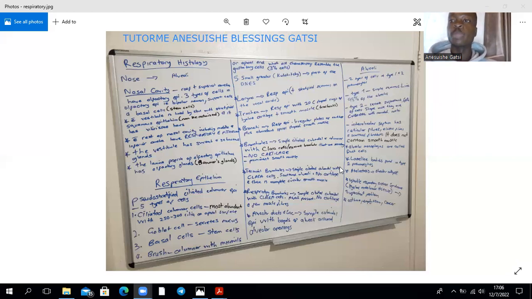Then for the epithelium, remember we talked about metaplasia. Metaplasia is change from one adult form of epithelium to another, and it's actually reversible. The metaplasia that is more common in the respiratory system is going to be a squamous metaplasia, which is why we talk of squamous carcinomas in the respiratory system.